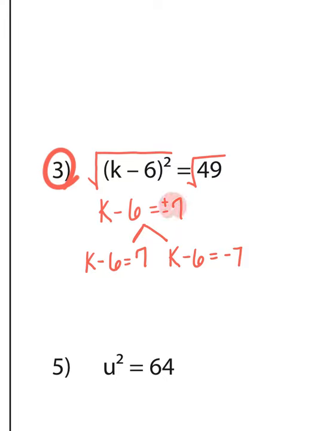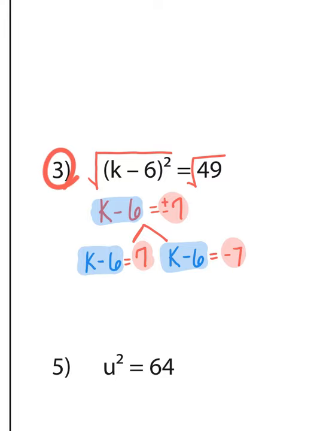So that came from here. We have a positive and a negative because we have a plus or minus. We have a positive 7 and a negative 7. And then our k minus 6 obviously came from here. So we're setting up two separate equations. So let's go ahead and solve. k minus 6 equals 7.